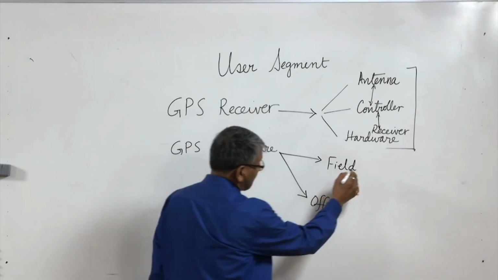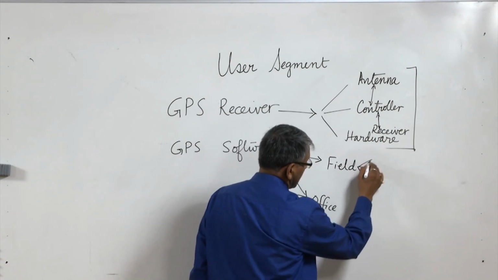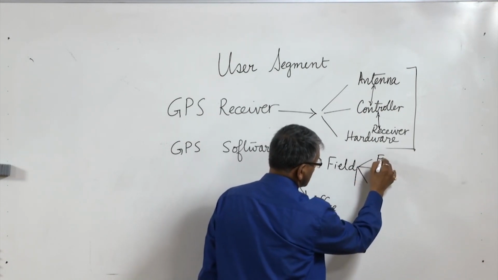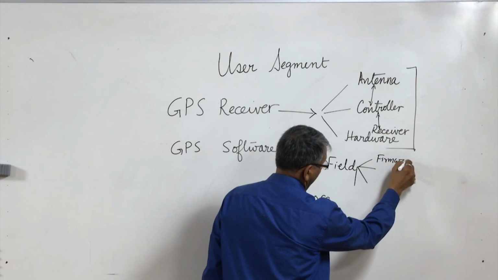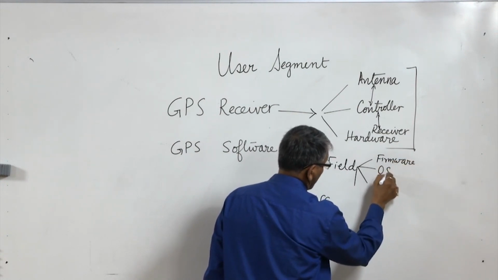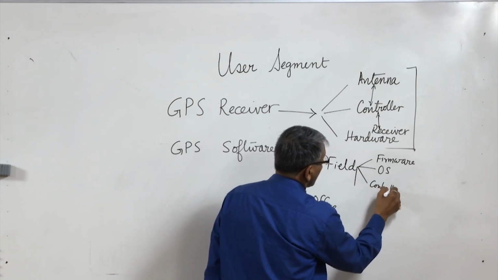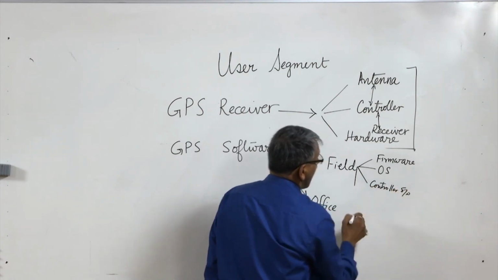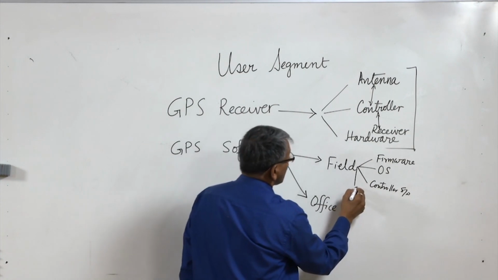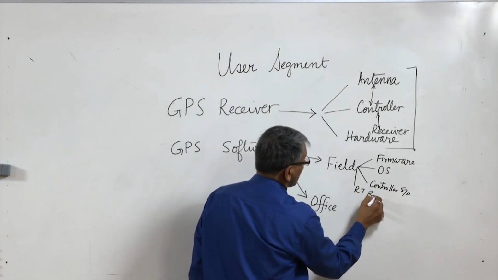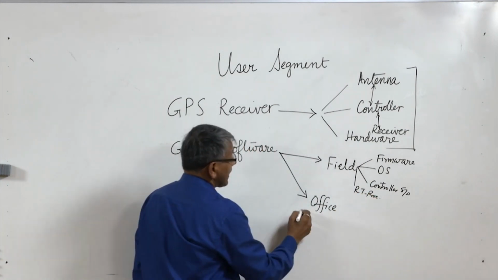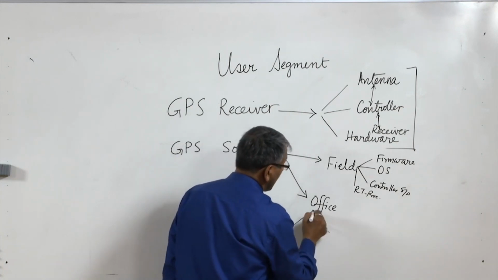Under field software there are different types, like firmware, operating system, controller software, and then real-time processing software. Again, under office software there are different types.